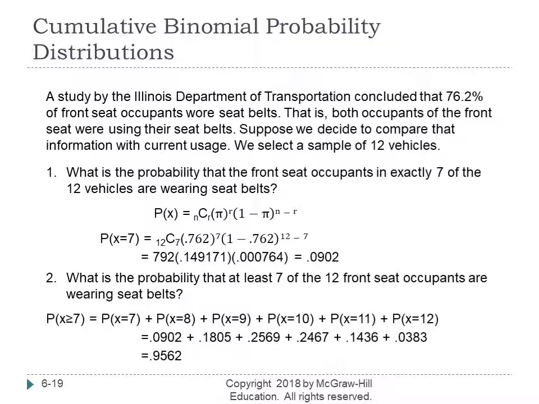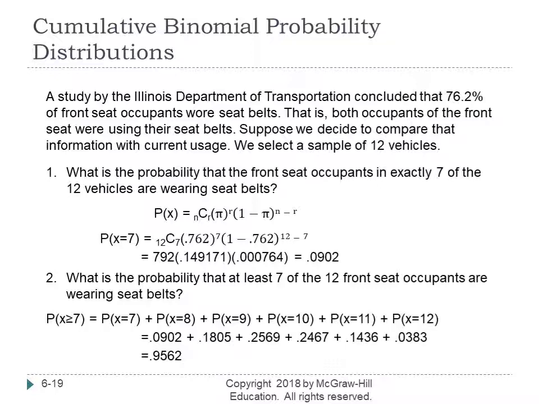distributions. In this example, a study by the Illinois Department of Transportation concluded that 76.2% of front seat occupants wore seat belts. Of course, that means both occupants in the front seat were using their seat belt.